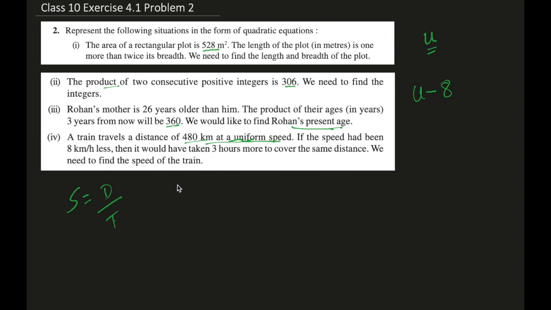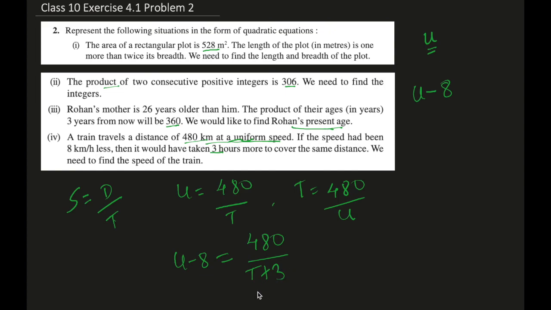The train travels a distance of 480 km at a uniform speed. So u will be equal to 480 by time. So the time it takes is 480 by u. Now if the speed had been 8 km less, that is u minus 8, it would have taken 3 hours more, so it would have been 480 by t plus 3.